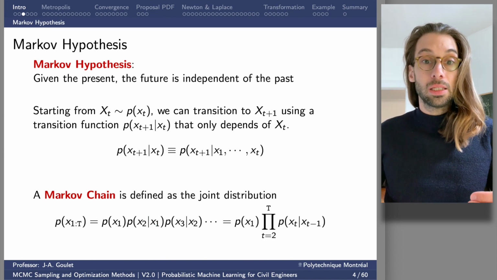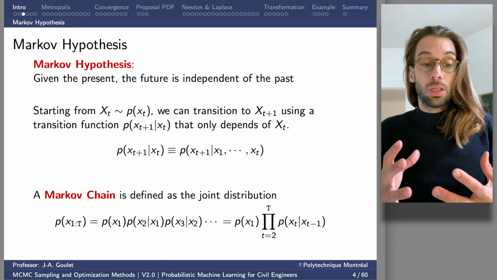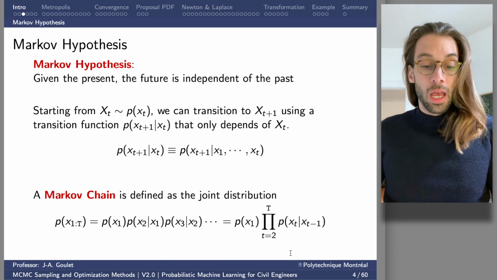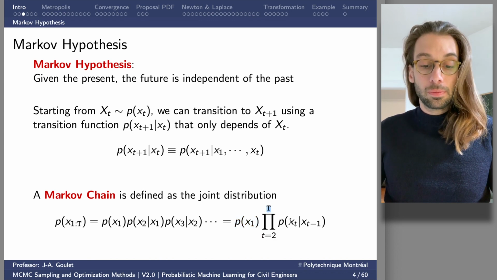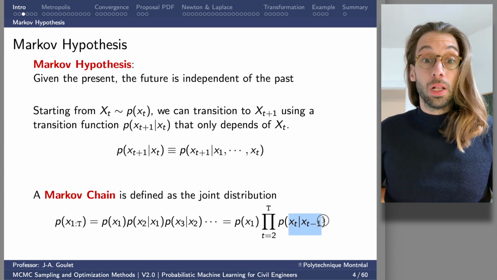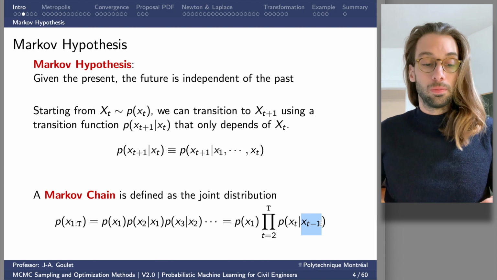We can generalize this by saying my joint probability distribution is the probability of x1 times the product for all t up to capital T of those conditional probabilities, where I have only one term on the right of the conditional.